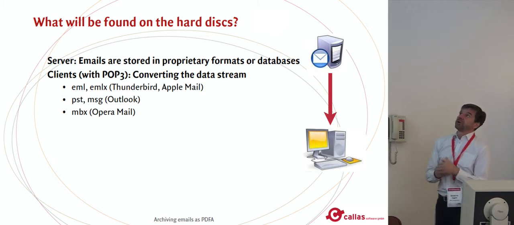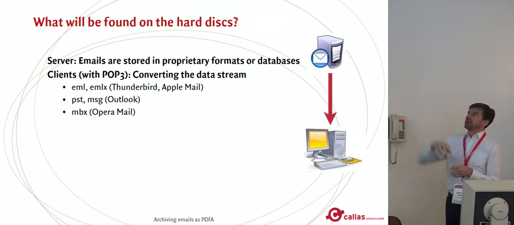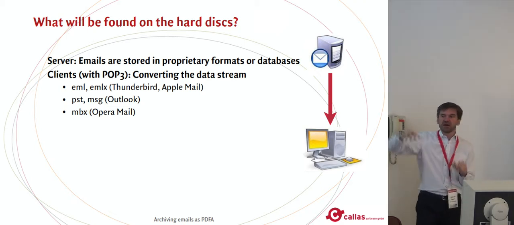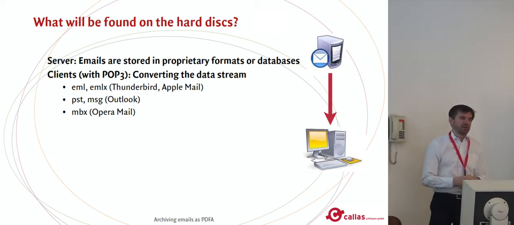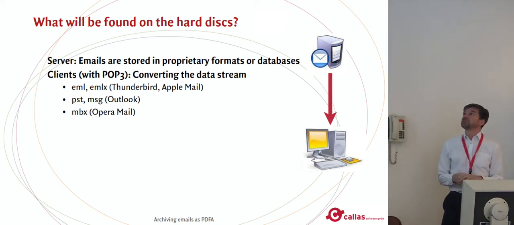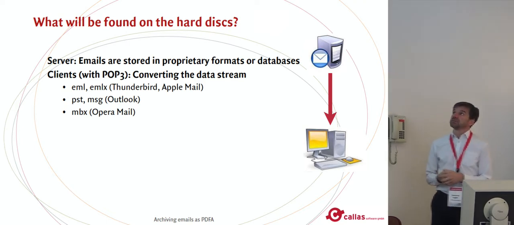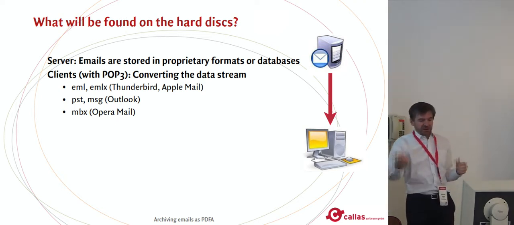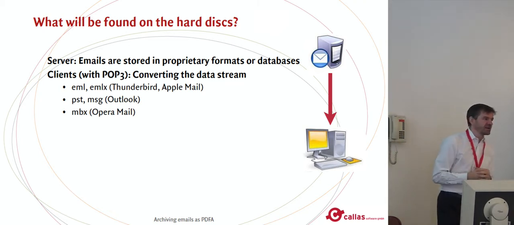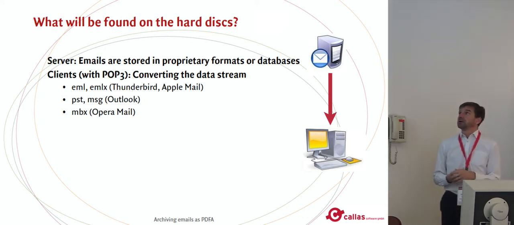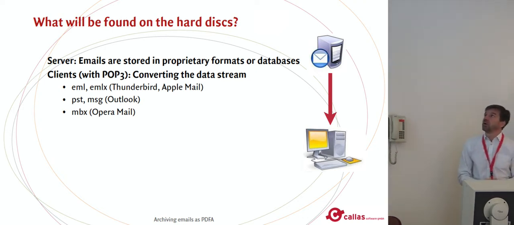So, as said before, emails are stored by the email servers, by the email relays. Email is passed from one server to the other, and maybe the server needs to save something to the disk. Whenever the server does so, it does that in a proprietary format, usually in databases. And then finally, if the email arrives at your email server, your client connects to the server via POP3 or IMAP, and it remains on the server.